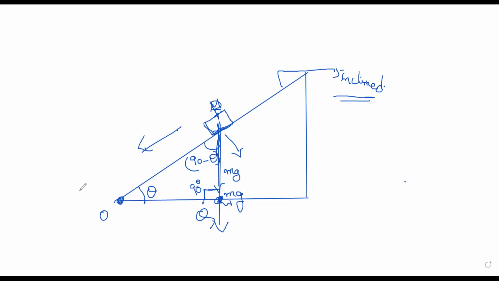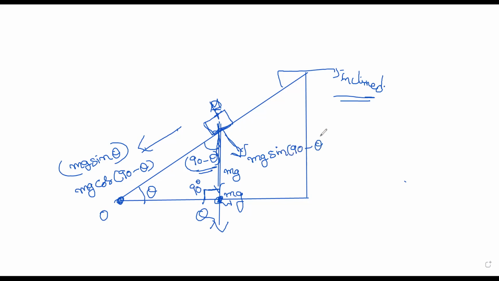The magnitude of the vector is mg. So mg cos of the angle 90 minus theta is what we write. Cos 90 minus theta is sin theta. That's how you get mg sin theta. This resolution is very, very important. And now the perpendicular component, the vector which is away from the angle theta, becomes mg sin 90 minus theta, right?